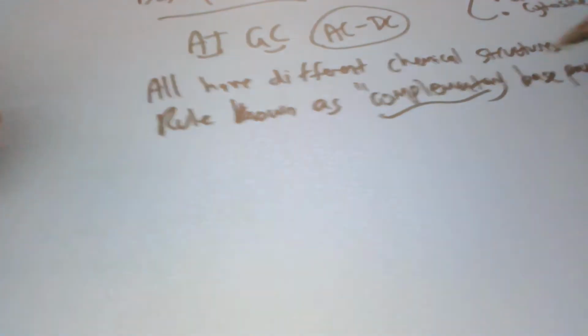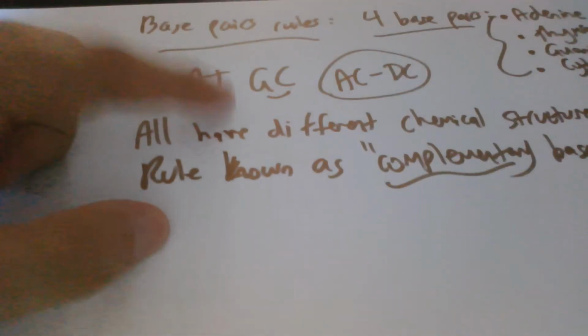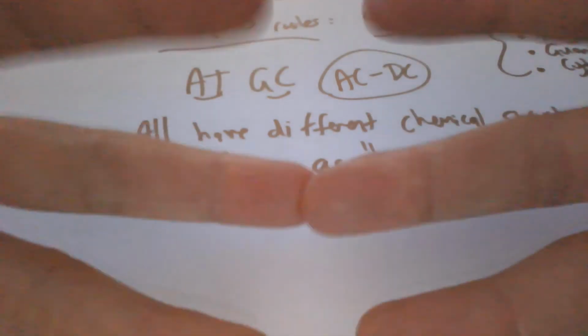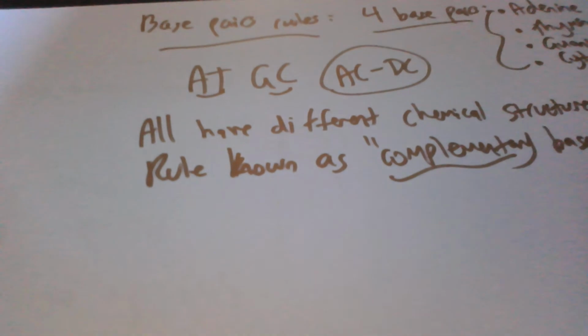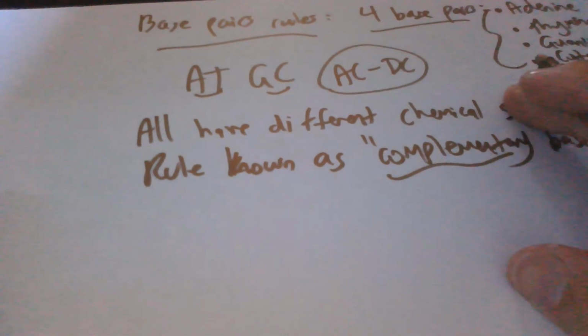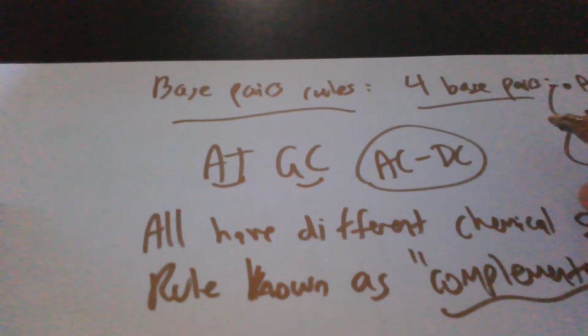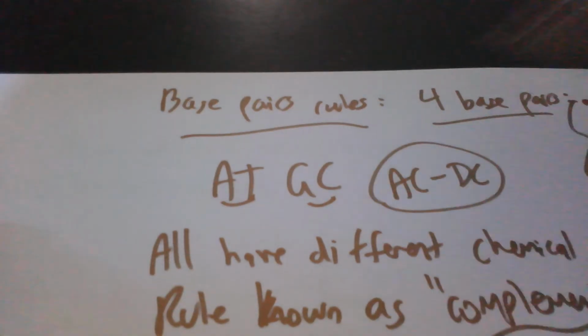Think of them as the base pairs: your left hand being an A, your right hand being a T, they join together. Whereas an A and a G don't join together. They don't combine. Those are the rules for complementary base pairing.